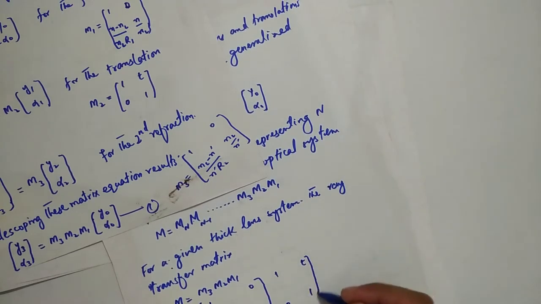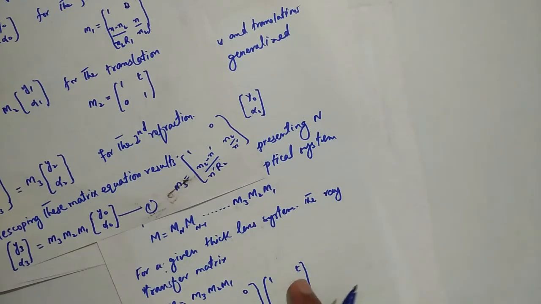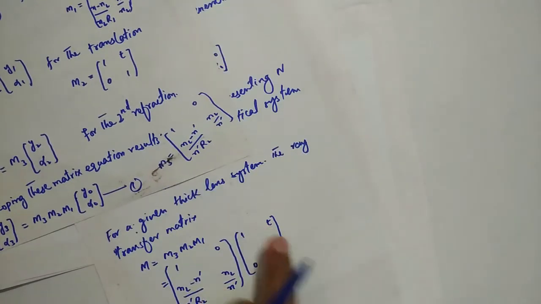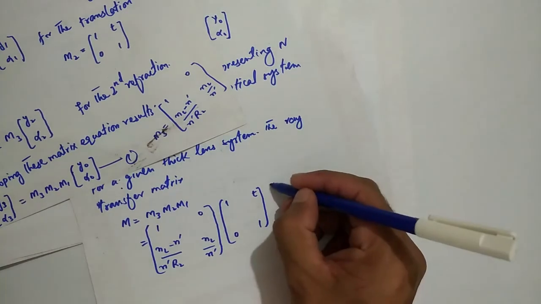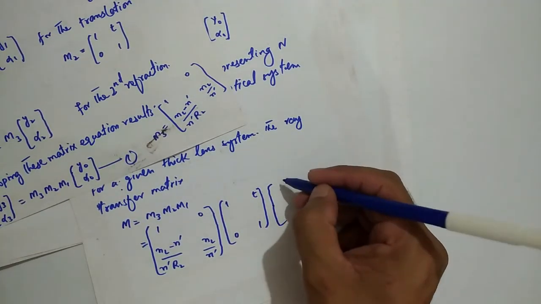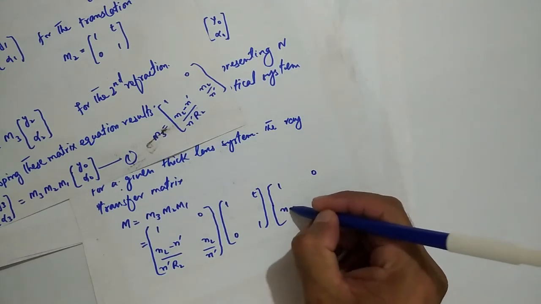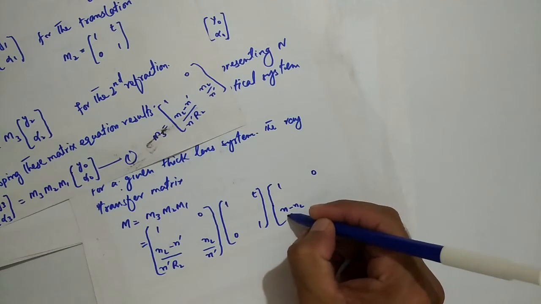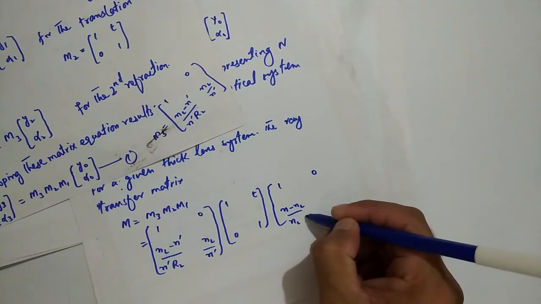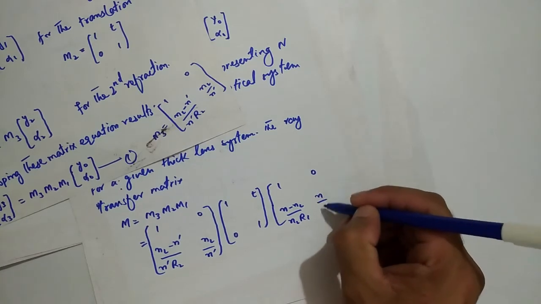This is part of the translation through the lens which is having a thickness T. Clear? And then the first refraction, which is 1 0, (n minus nL) upon (nL R1), n upon nL.